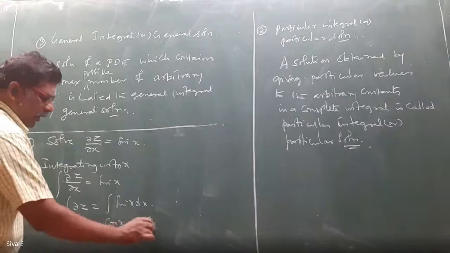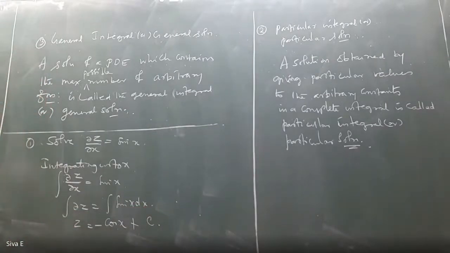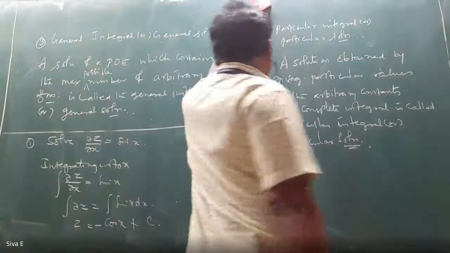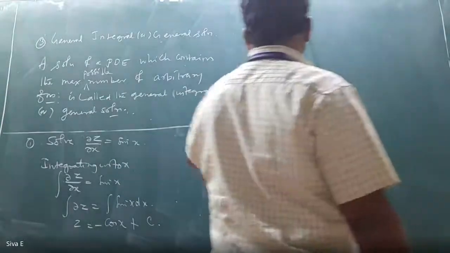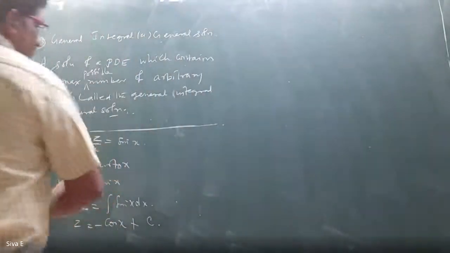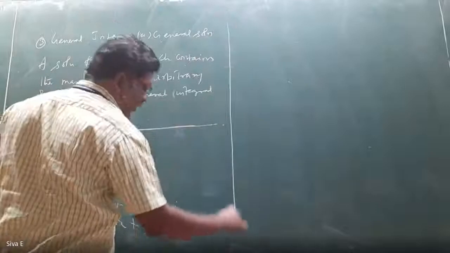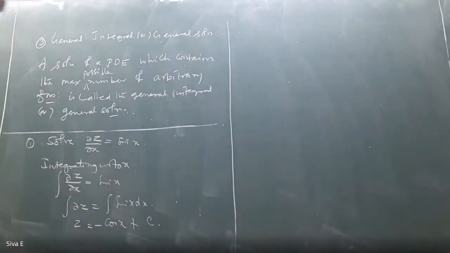Usually we write c. If it is an ordinary differentiation, we can write c here. If it is a partial differential equation, what is the value of c here? Can you try this?